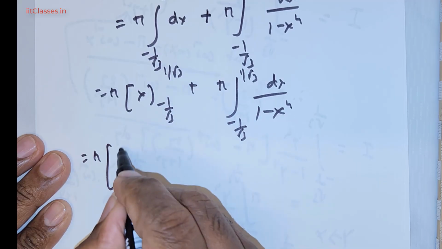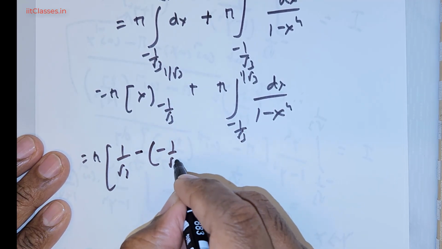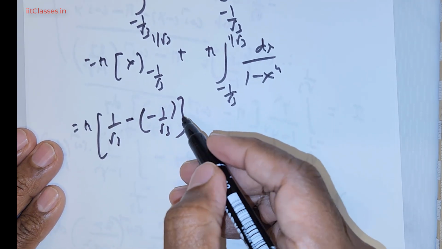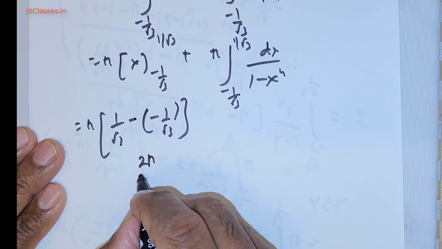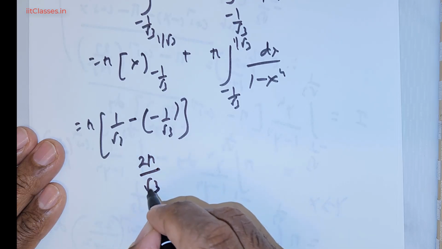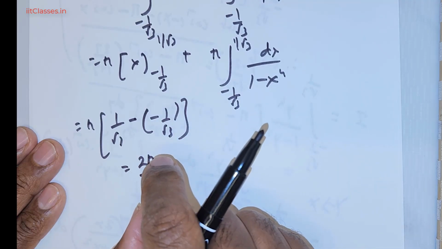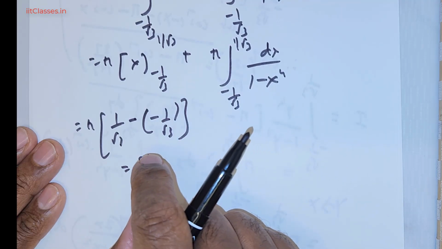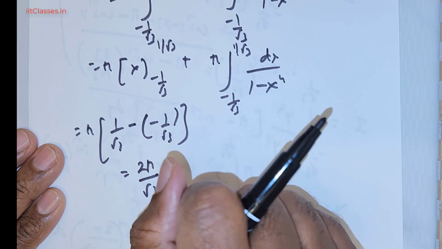Now this is pi times, I substitute the upper limit, I substitute the lower limit. So this is going to give me 2 times pi times the root of 3. This value is there. So with this we will have to integrate this quantity, right?